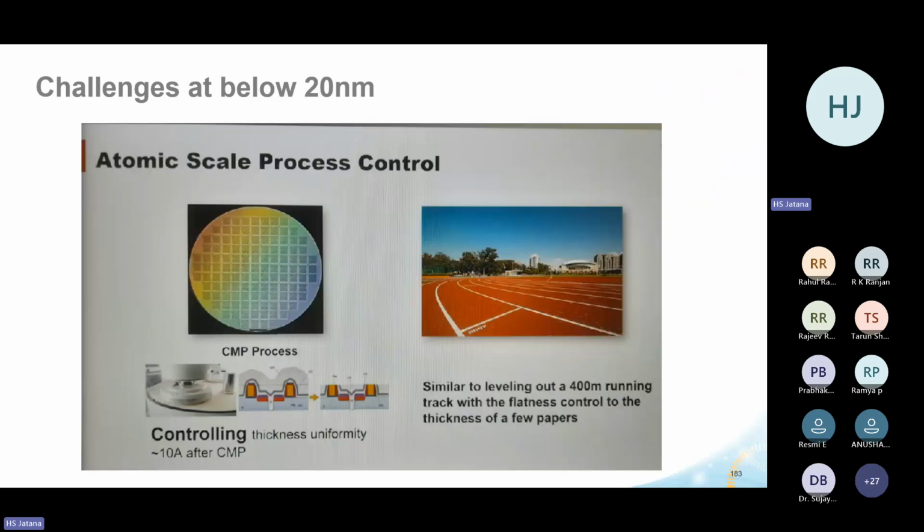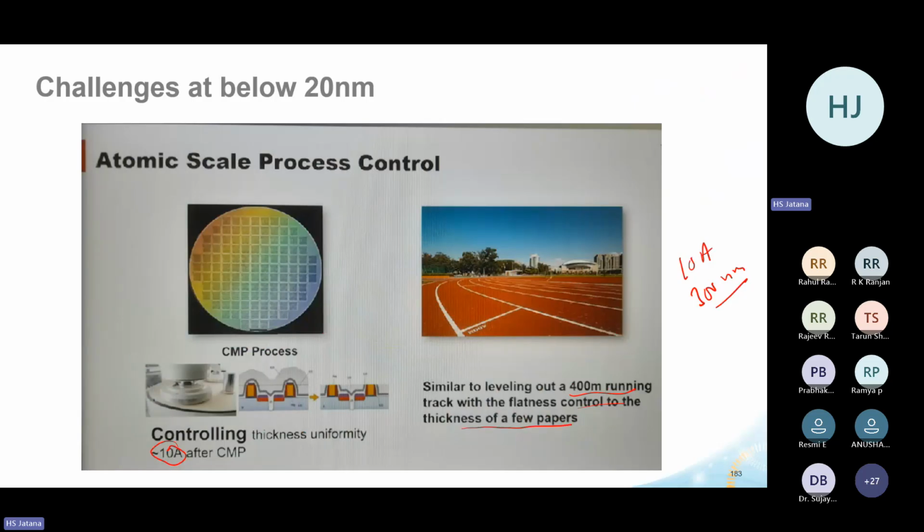Another is, whenever you are doing a CMP, chemical mechanical polishing, you have to level the surface, and leveling has to be corrected to 10 angstrom after CMP. A 10 angstrom level correction in a 300 mm circle is the same as leveling a 400-meter running track with flatness control of the thickness of a few papers.